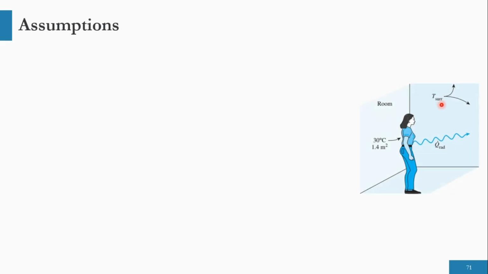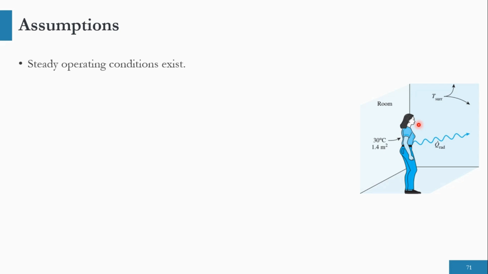As you can see, this is the overall representation: the outer surface of this person has a temperature of 30 degrees centigrade, the exposed surface area is 1.4 square meters, and we have to calculate the radiation heat transfer. We will go through some assumptions.